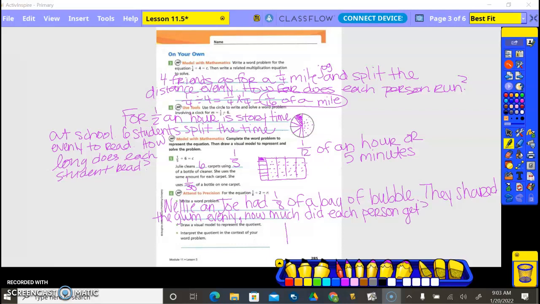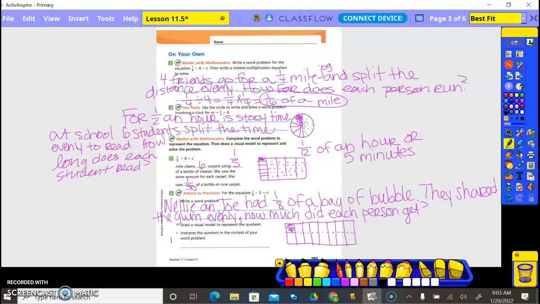So visual model, we'll draw a rectangle, break it into 8. And then break it into 2 horizontally.